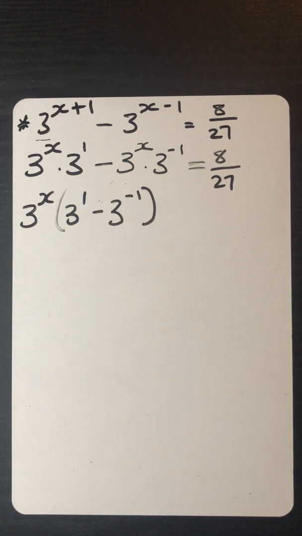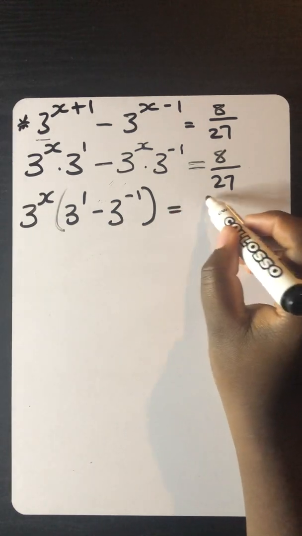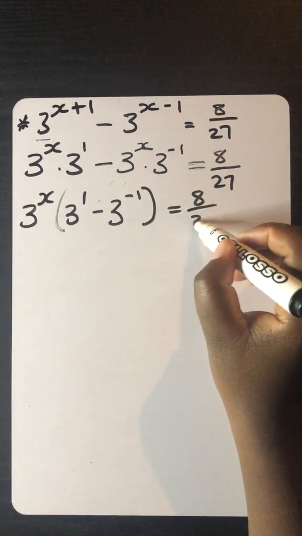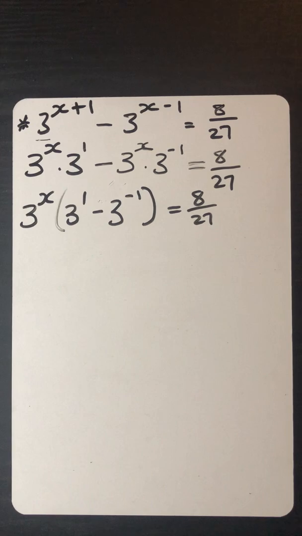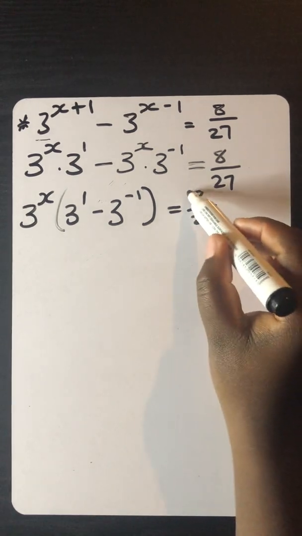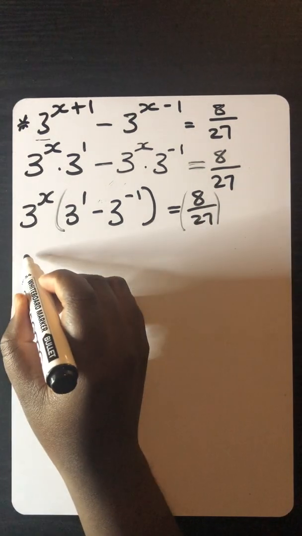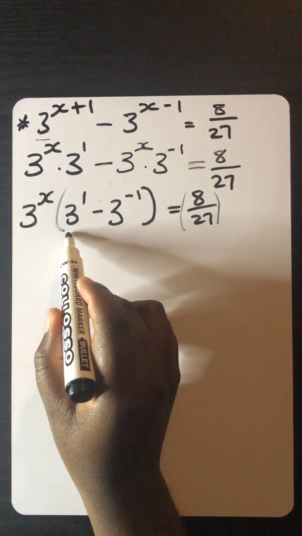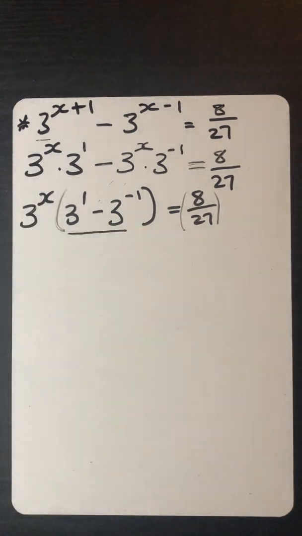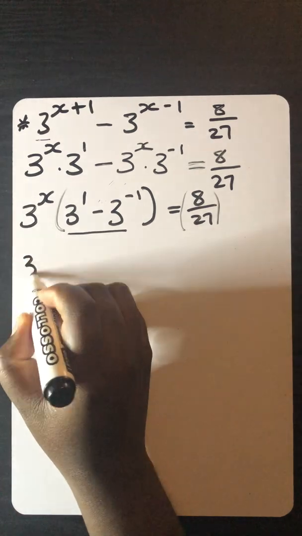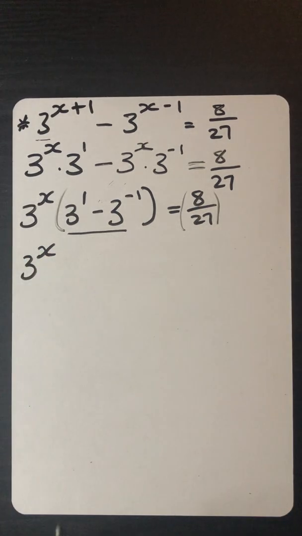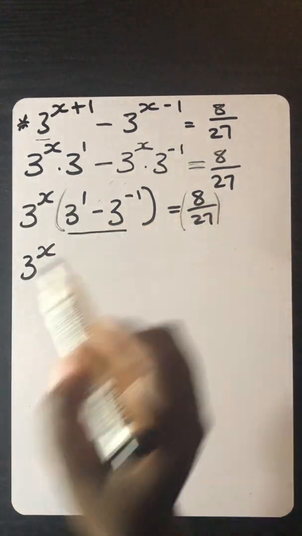Okay, so guys, remember this is equated to 8 divided by 27. Remember the whole of this has been given as 8 over 27. So let's work out this inside the brackets. So that means we've got 3 to the exponent x. You can just punch the whole of this on a calculator.